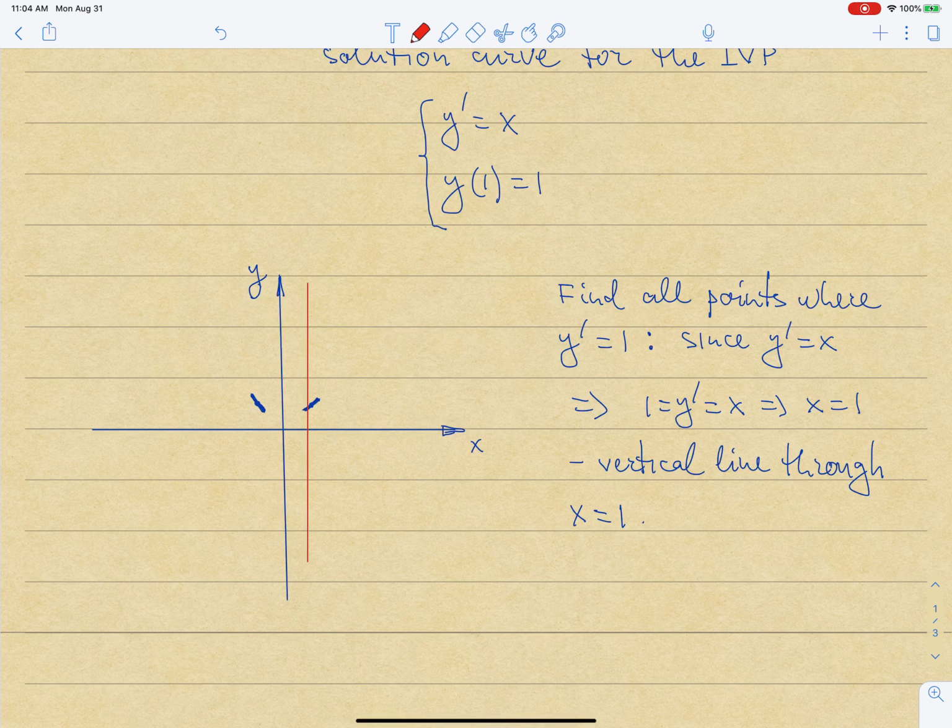And now, what do I know about this line? Okay, this looks more vertical.